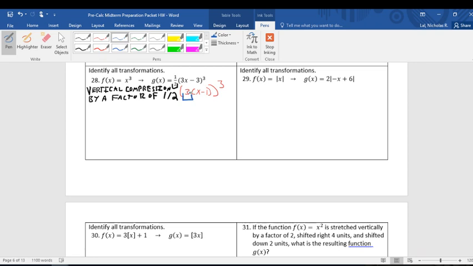We think the stretch or compression factor is 1 over your coefficient. So it's going to be a horizontal compression by a factor of 1/3.